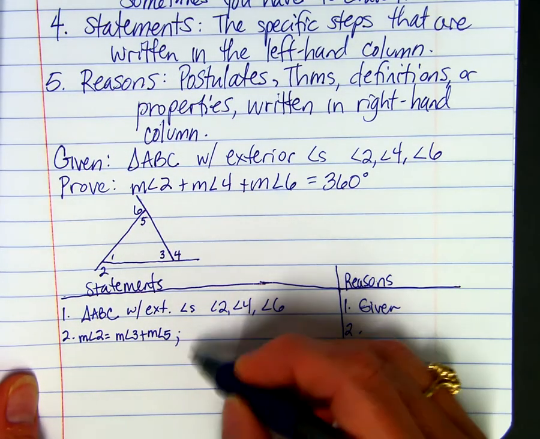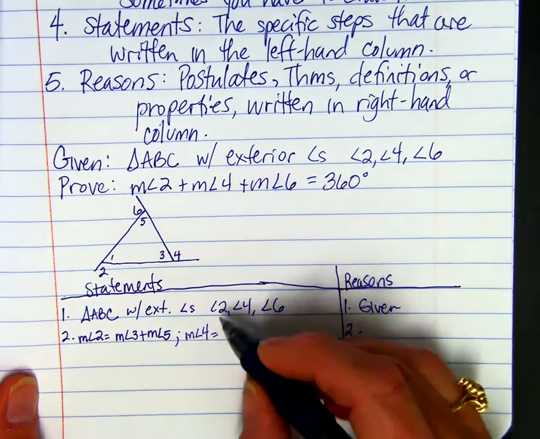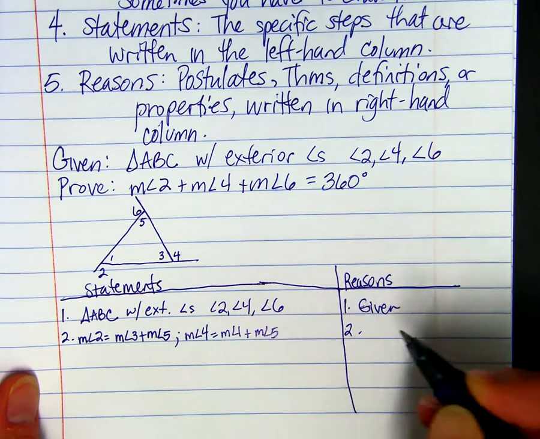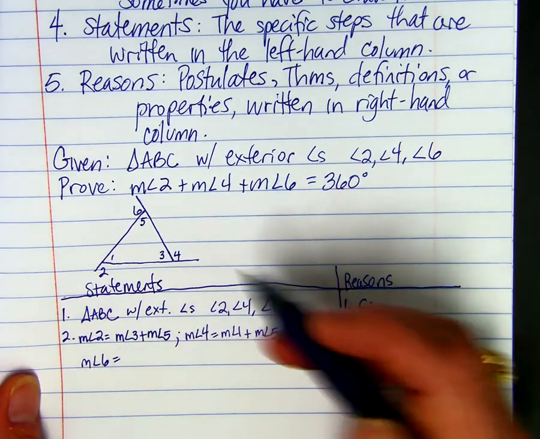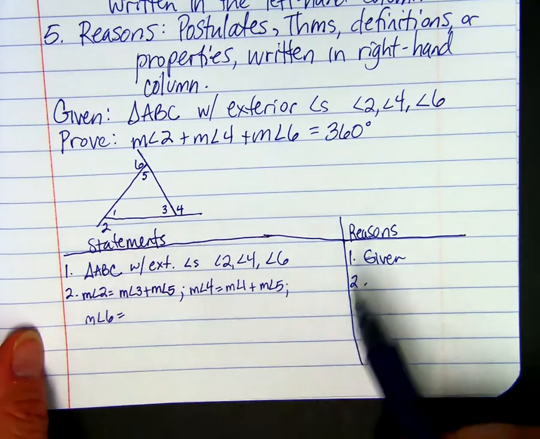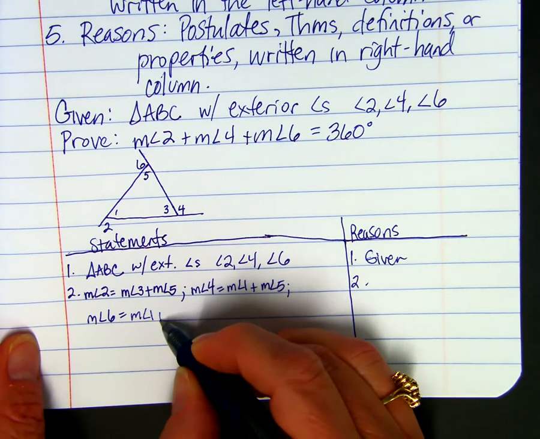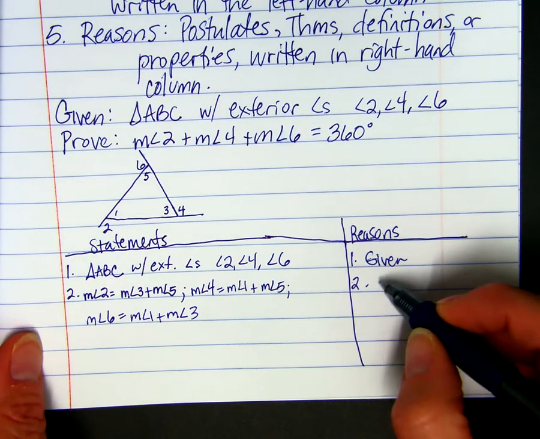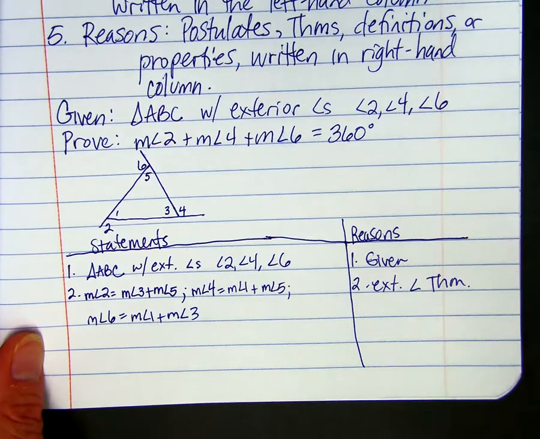The measure of angle 4 is going to equal the measure of angle 1 plus the measure of angle 5, and the measure of angle 6 is equal to 1 and 3 added together. Do you remember that? Yep. Exterior angle theorem. So we put right here, exterior angle theorem.